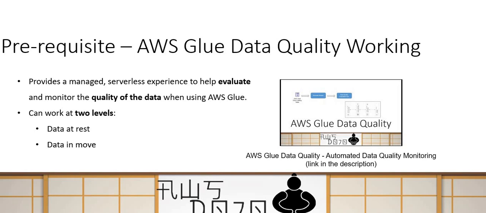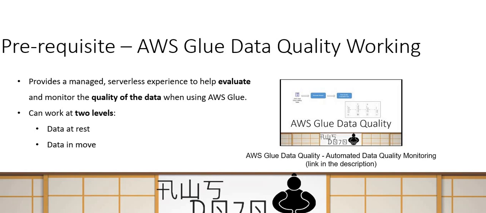So in case you know how data quality in Glue works, you can move ahead with the tutorial. Otherwise, I recommend that you check out this video which I have provided in the description, understand how data quality works, and then move ahead from there.